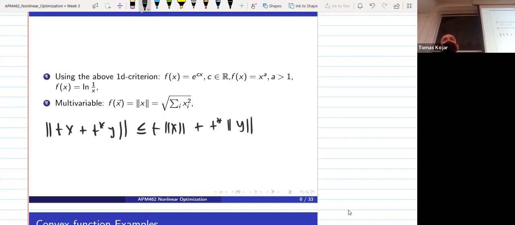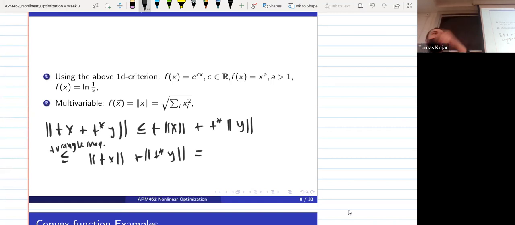Have you seen the triangle inequality? Okay, fine. I'm just going to state that. So by the triangle inequality, this is less than or equal to the norm of tx plus the norm of (1 minus t) y. And then norms are linear, so you get this.